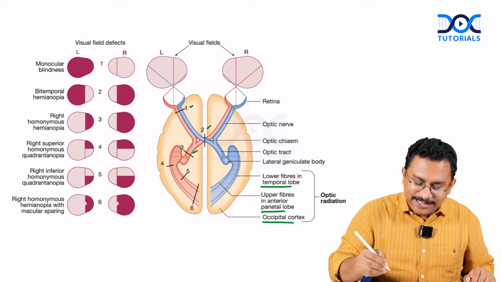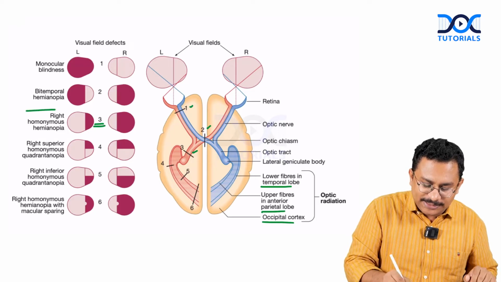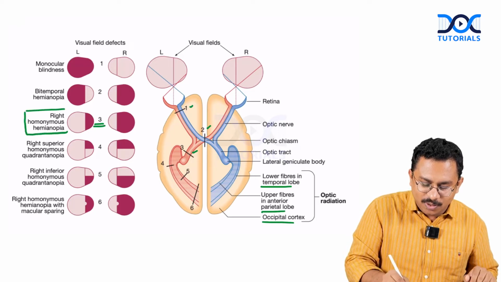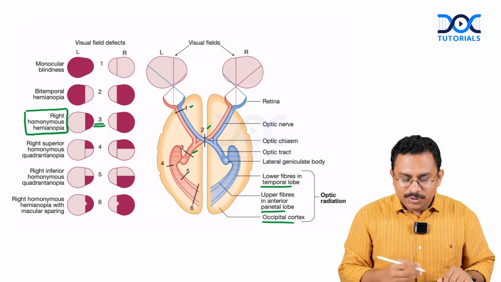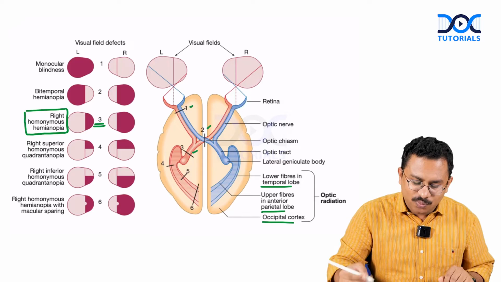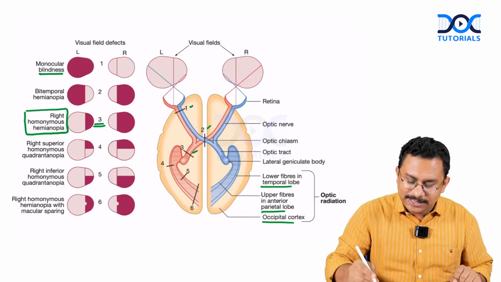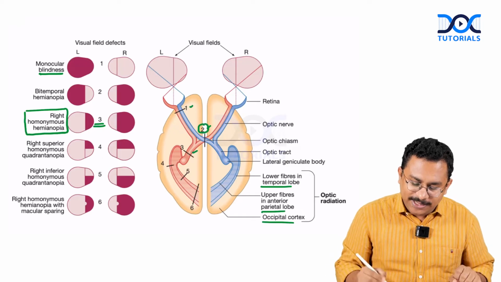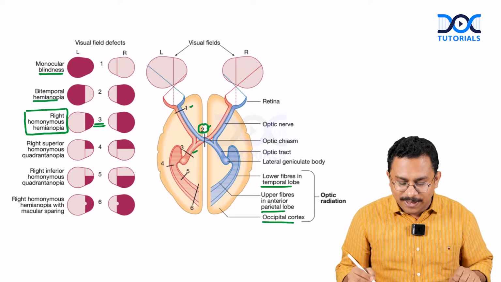If you look at site 3, which is the left optic tract, you can see that there is a right homonymous hemianopia. So that is very clear. But in case of site 1, where the optic nerve is involved, you get a monocular blindness. Site 2, which is the optic chiasma, you get classically the bitemporal hemianopia.